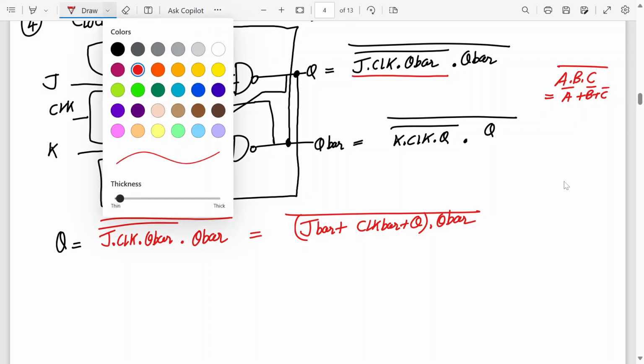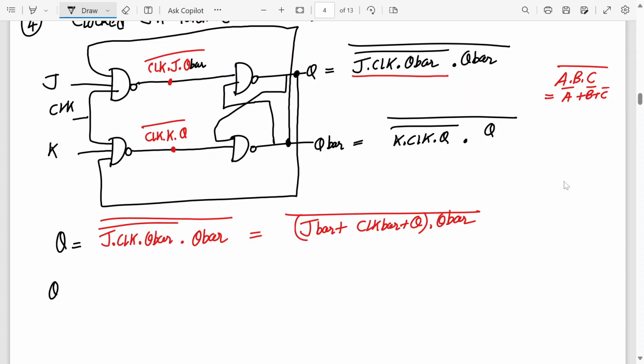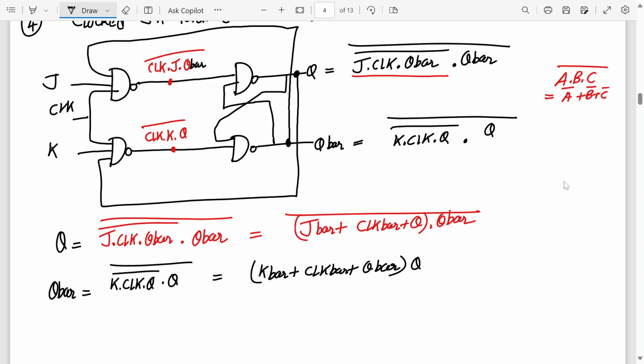So next will be, this is tricky, Q bar: K dot clock dot Q bar dot Q, the whole bar. This can be written as K bar plus clock bar plus Q bar into Q, the whole bar. Please check if these equations are correct.